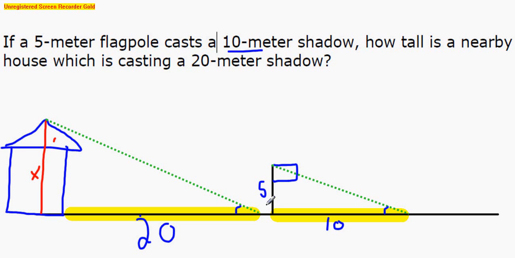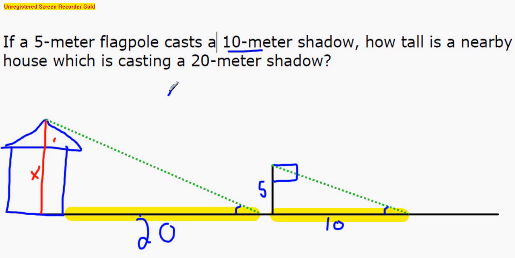But anyways, that's probably a little more detail than you need. That's why these questions are in with the other similar triangles. What we're going to do is set up a proportion. What I always like to do is make sure my x gets on top.